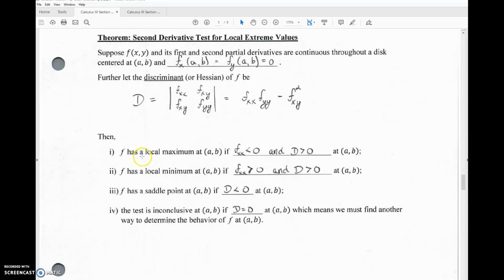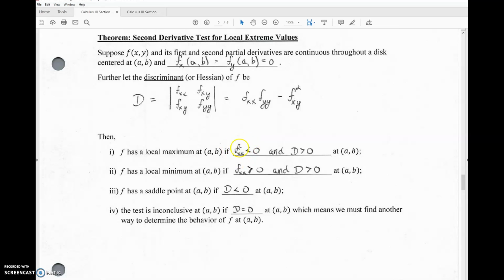So the second derivative test, the theorem here, says that f has a local maximum at (a, b) if the second partial with respect to x is less than 0. That's equivalent to thinking about the second derivative of a function of one variable being negative, which would tell you that you have a concave down type function.